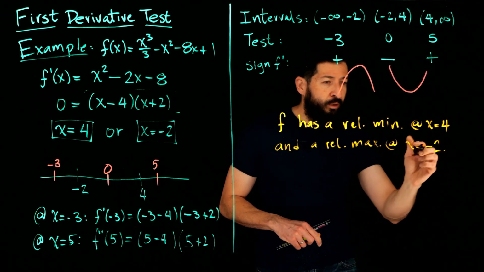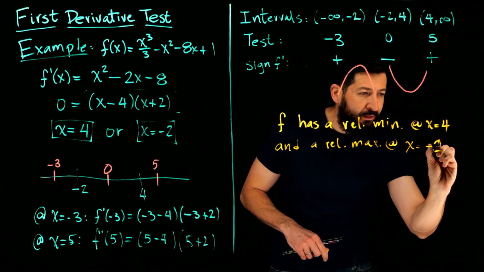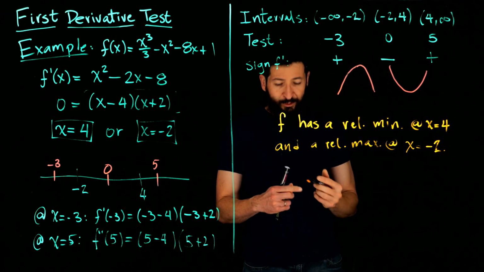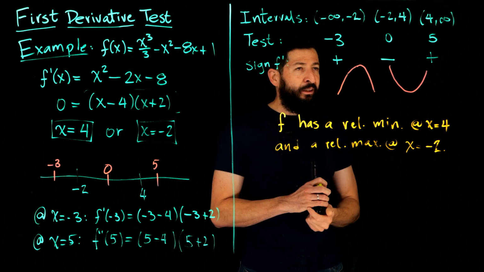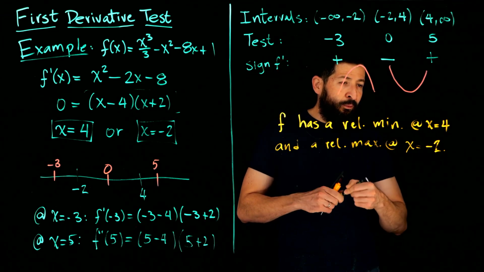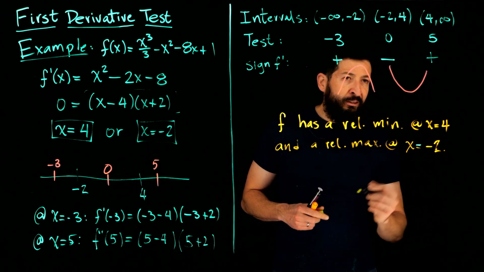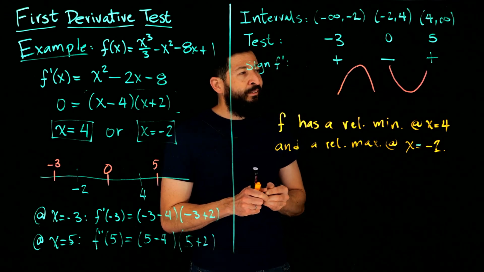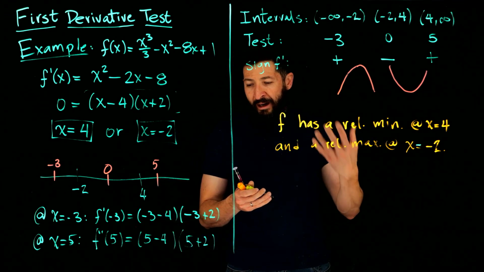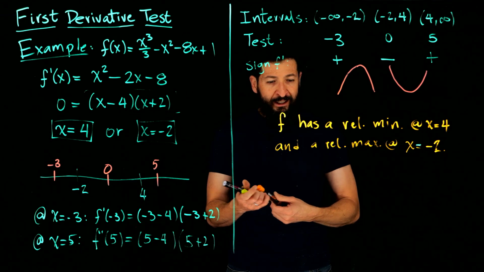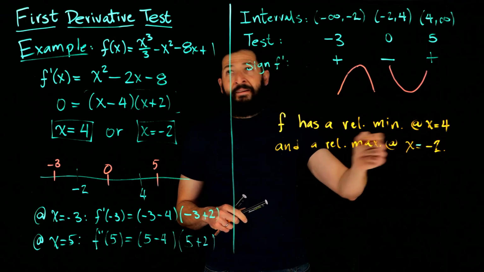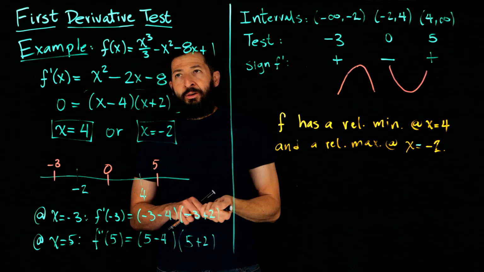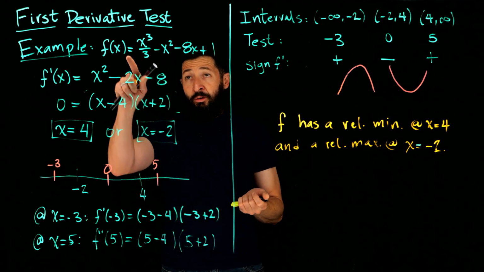Now, this marker's causing us some trouble, but we still have x equals negative 2. Now, the one thing I wanted to say is sometimes you will be asked to give what is the maximum value and what is the minimum value. What you would do at that point is grab the value that you obtain and plug it back into your original function.